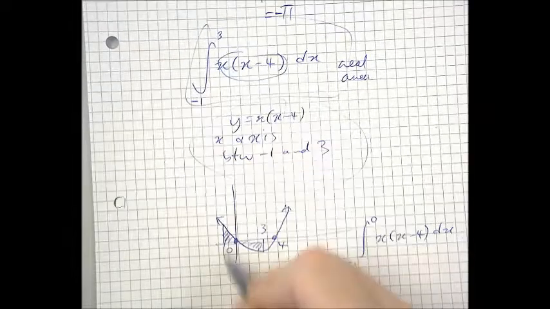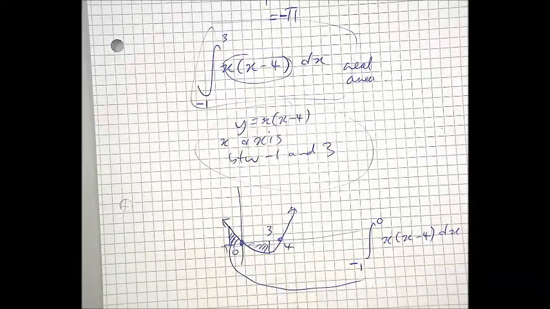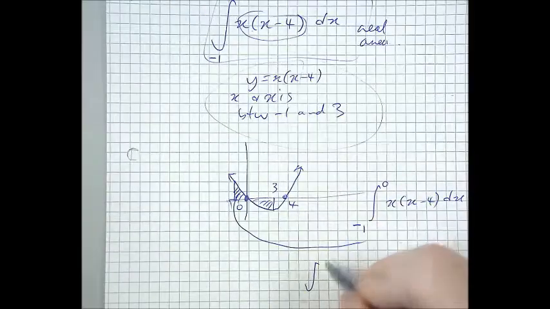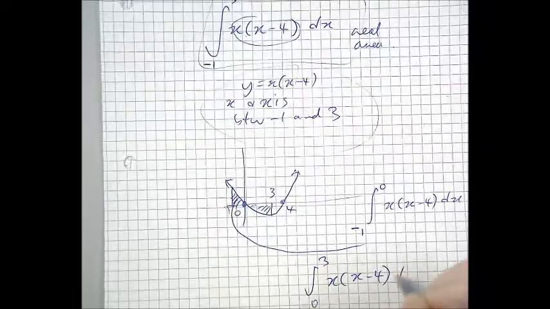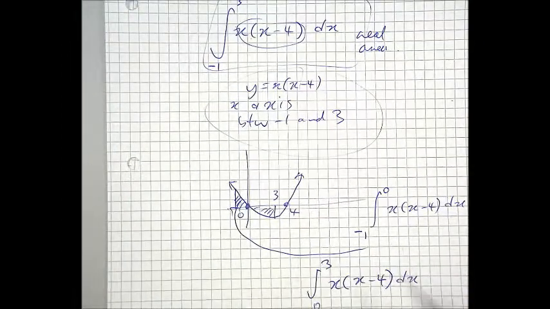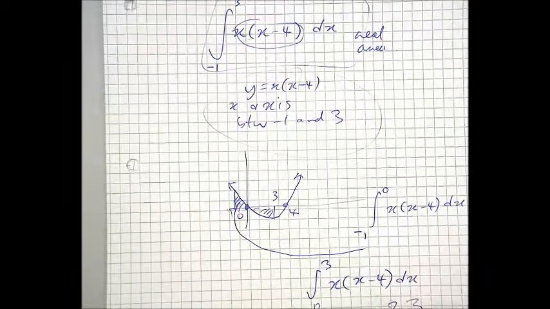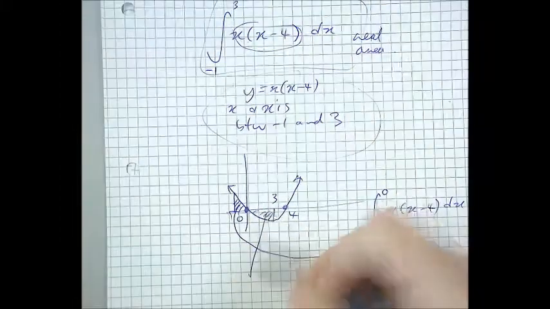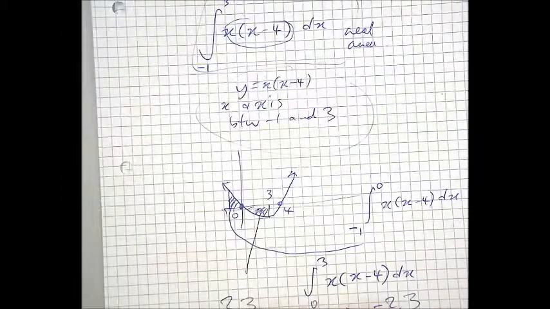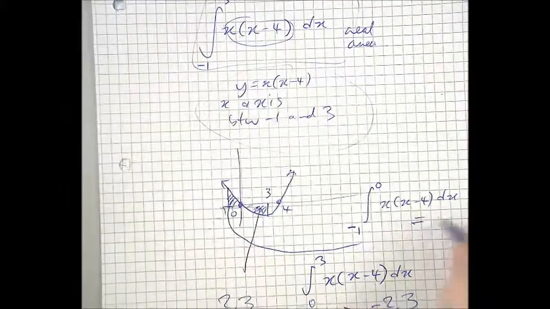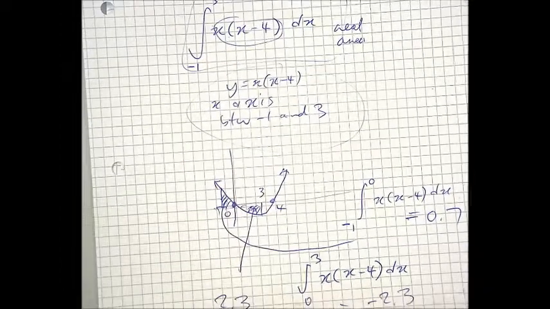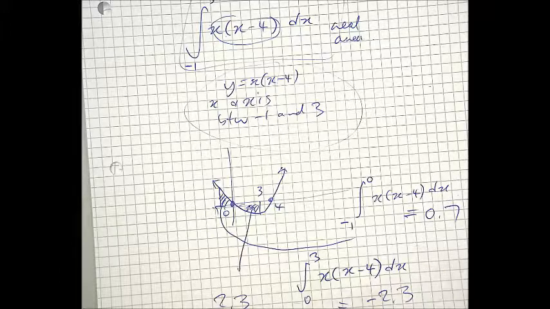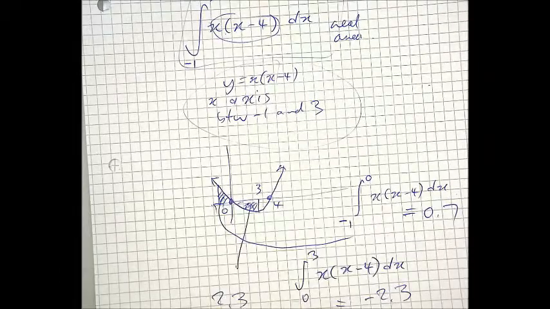You'll get that fella. Yeah. Then work this out. You will get a negative answer, I don't know, negative 2.3. But that will tell you that the real regular area of that is 2.3. So if that gives you 0.7 and that gives you negative 2.3, the actual real area will be 0.7 plus 2.3, in other words, it will be 3. Okay?